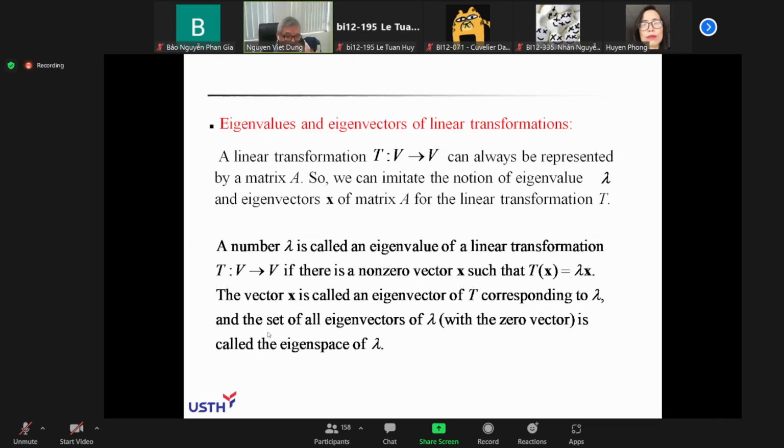Also, the set of all eigenvectors corresponding to lambda together with the zero vector will be a subspace, and we call it the eigenspace of the eigenvalue lambda. So that is the notion of eigenvalue and eigenvector of any linear transformation.